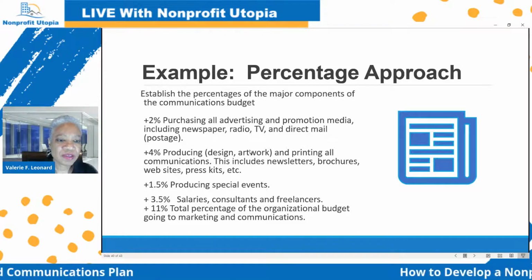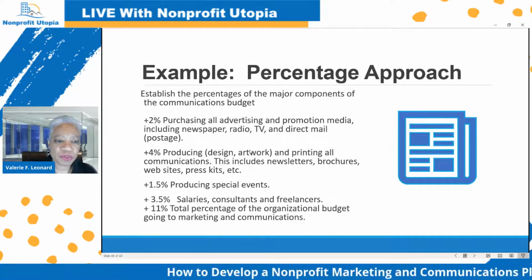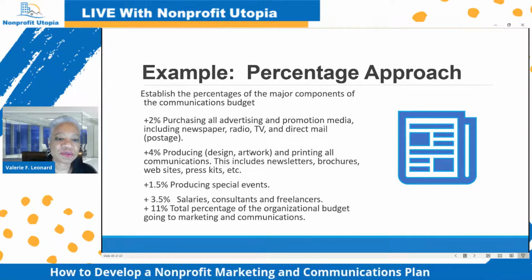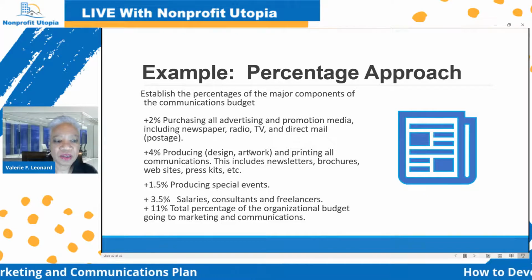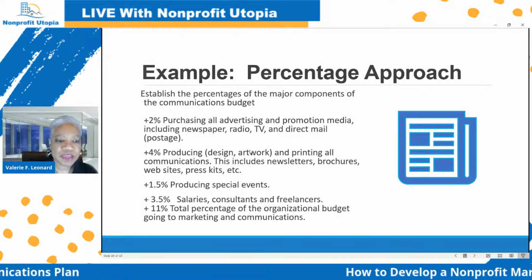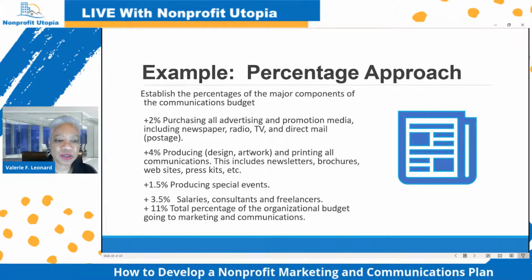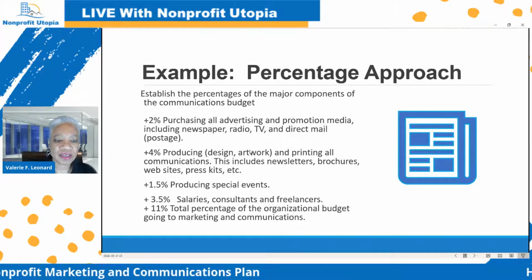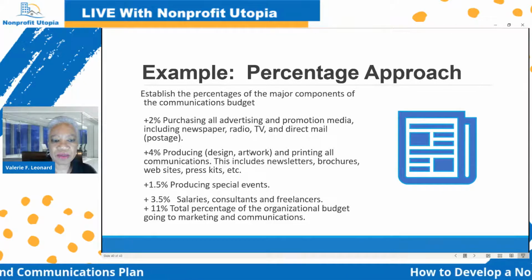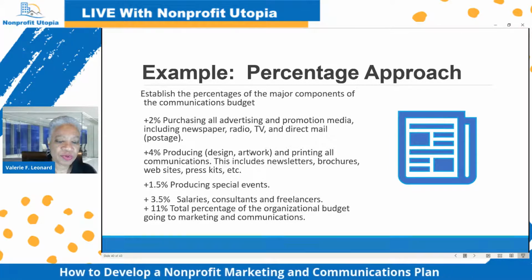All right. So here's an example, the percentage approach. And in this case, we're going to establish the percentages of the major components of the communications budget. For example, 2% of the budget will be for advertising and promotion media, including newspaper, radio, TV, and direct mail. And for direct mail, that could be postage as well as the production. And then the next one is producing.